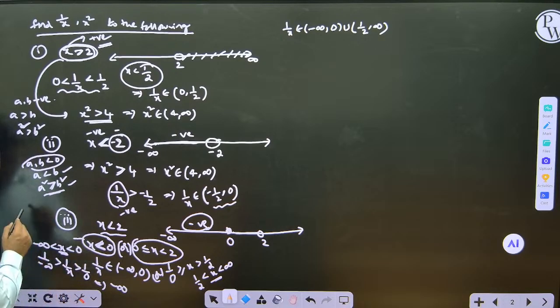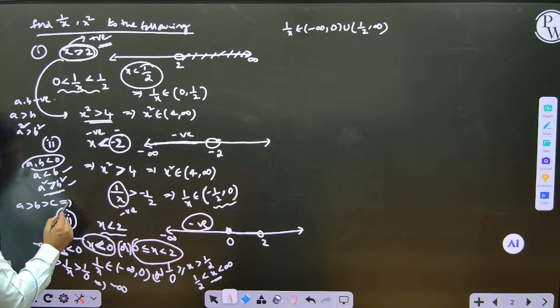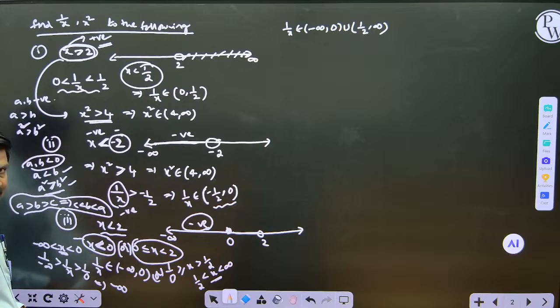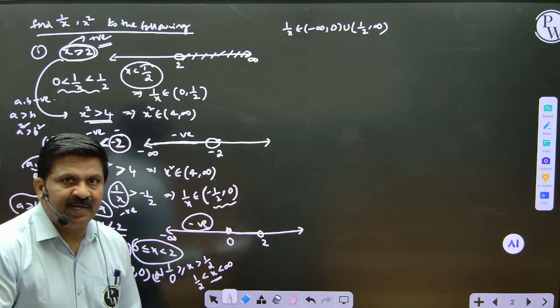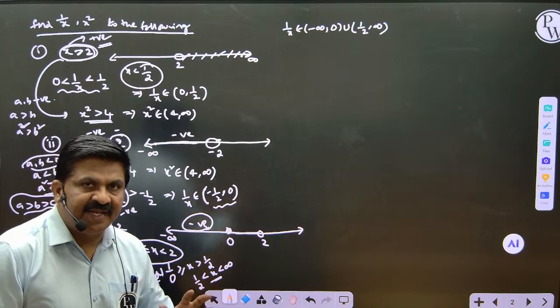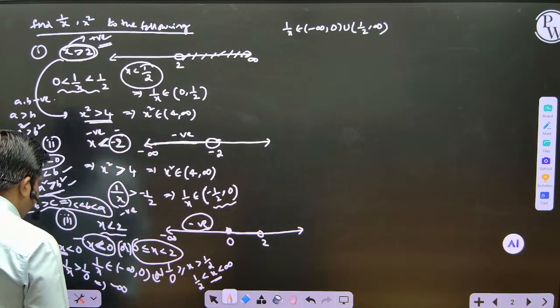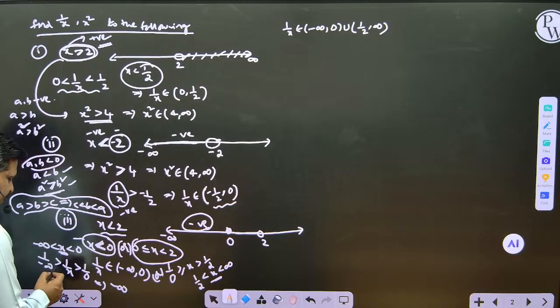You can take the order in reverse. A greater than b greater than c means what? C less than b less than a, right, inequality. My a greater than b means what? B less than a. That means you can take the inequality in reverse. If I take it like this, what will I get here? 1 by infinite is 0, and 1 by 0 is infinite actually.